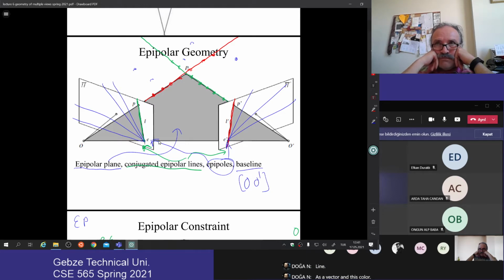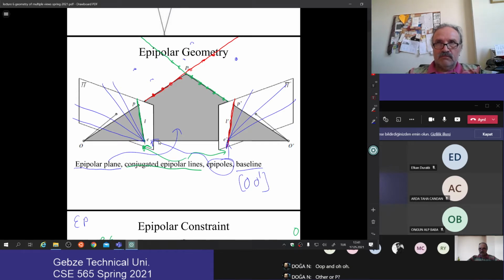In this case, we know that the two cameras' OP and other OP would not intersect.